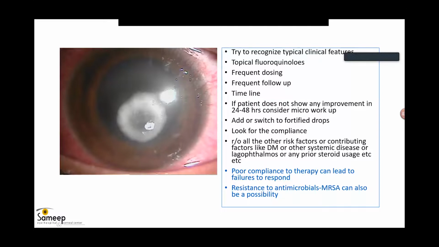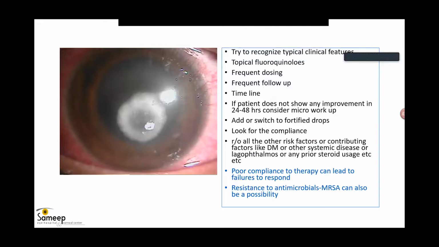This is the time when the ulcer would consolidate and the patient would start feeling better. The surrounding inflammation would go down. Even if there is no significant decrease in the infiltrate, the patient would start feeling comfortable, and you would see there is no further worsening of the infiltrate. Sometimes we may see a decrease in the size or density of the infiltrate.